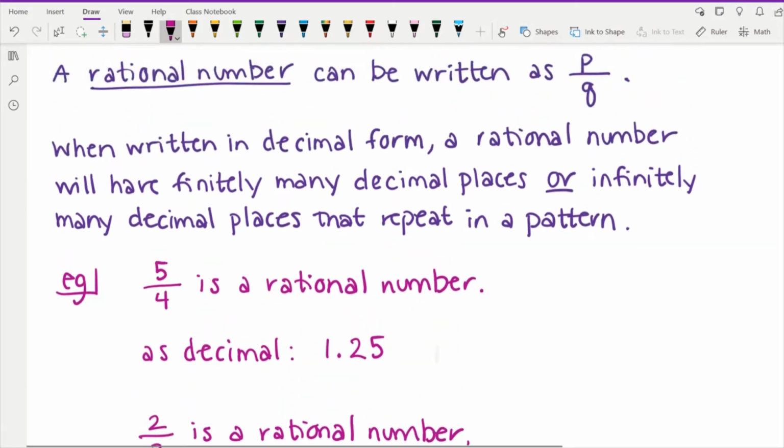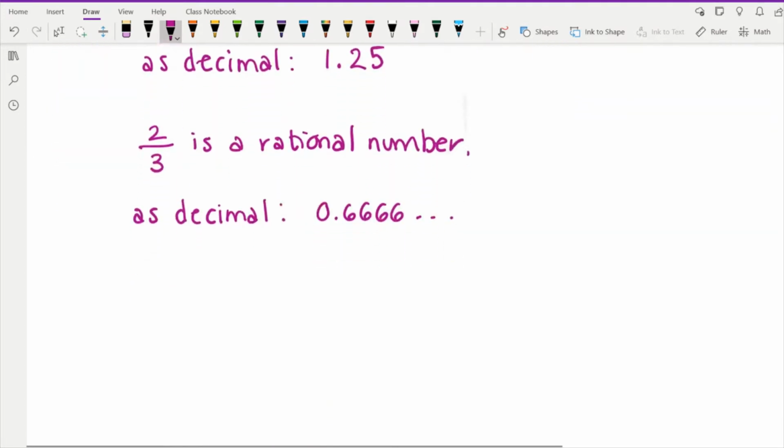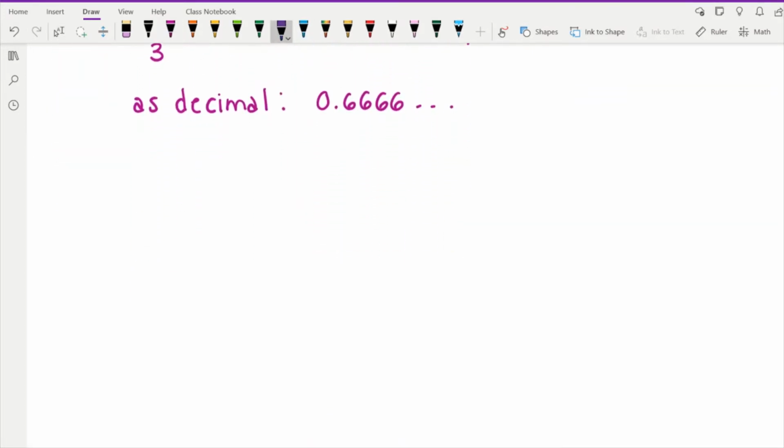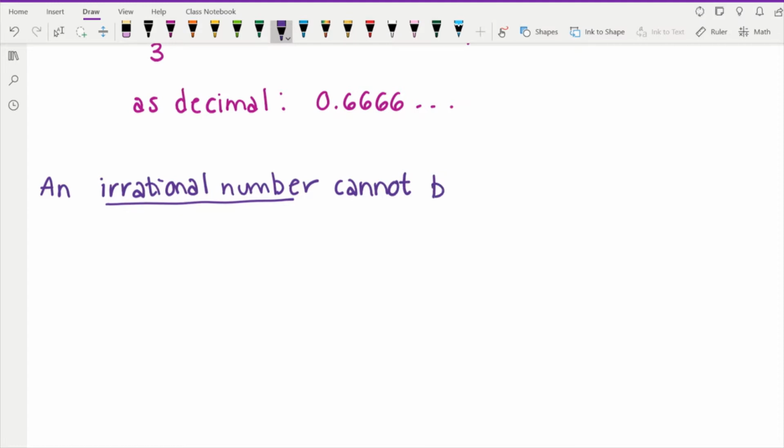Okay, so what is the kind of opposite of a rational number? Well, that's an irrational number. So an irrational number cannot be written as a fraction.